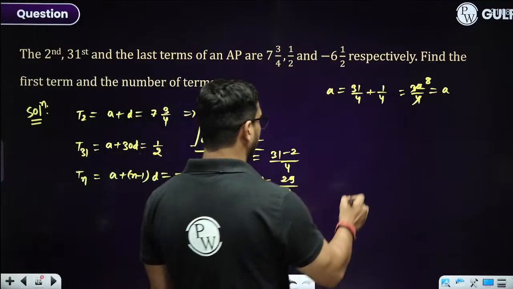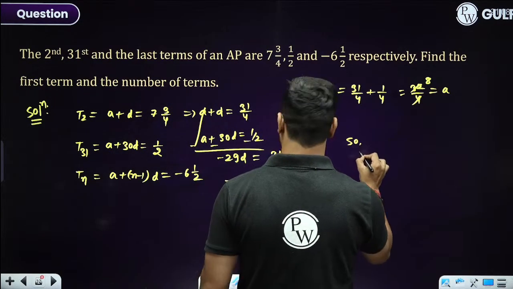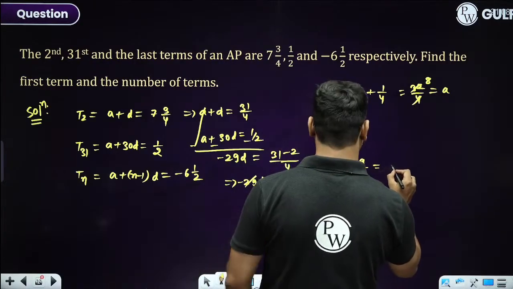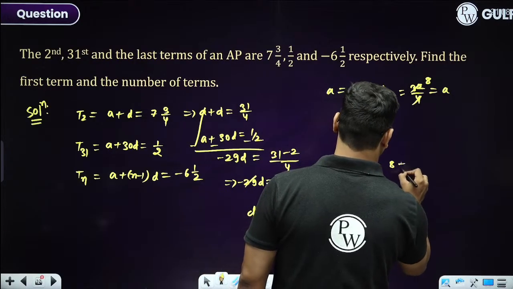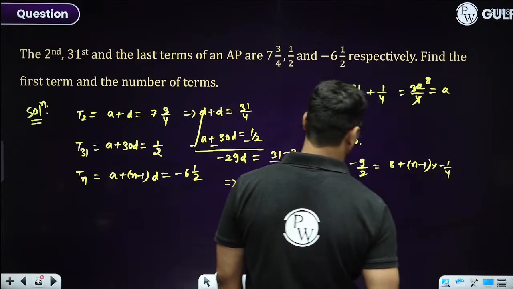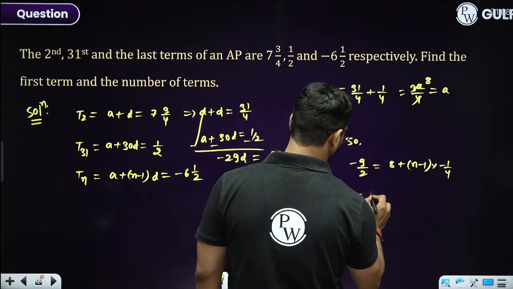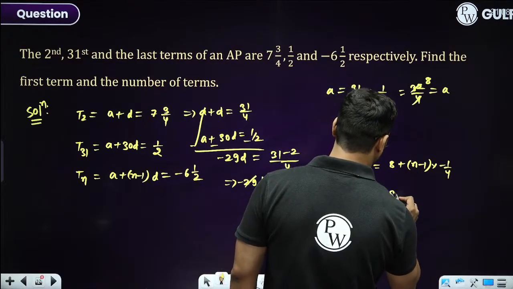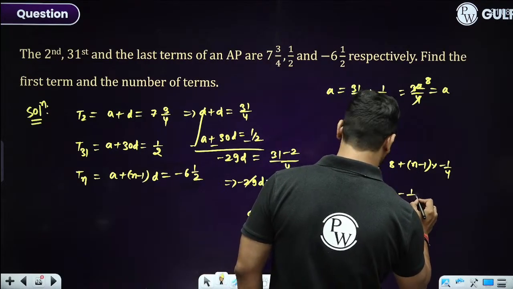So we have Tn. So minus 9 by 2 equals Tn. A is 8 plus n minus 1 into minus 1 by 4. So minus 9 by 2 equals, this should be 8 minus n by 4.